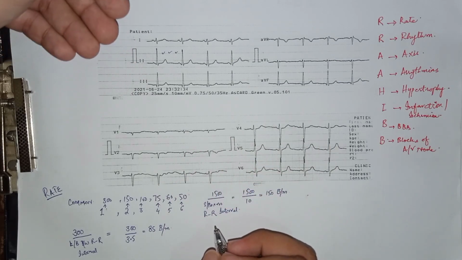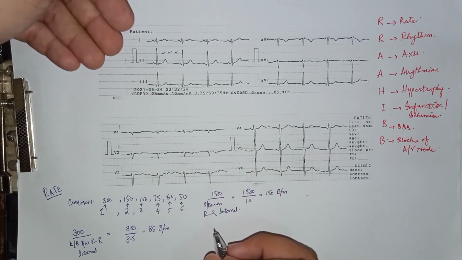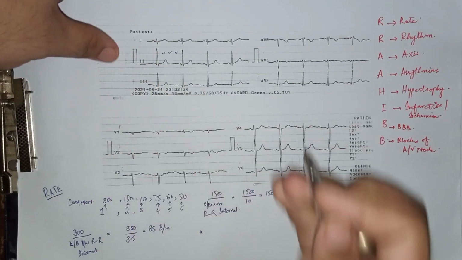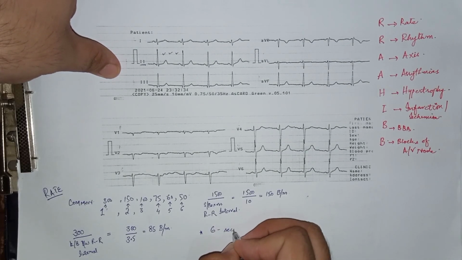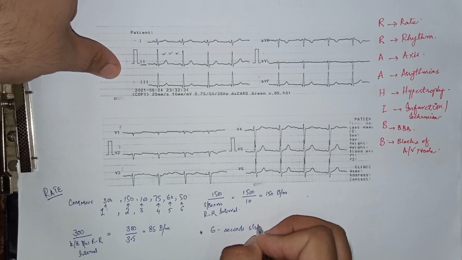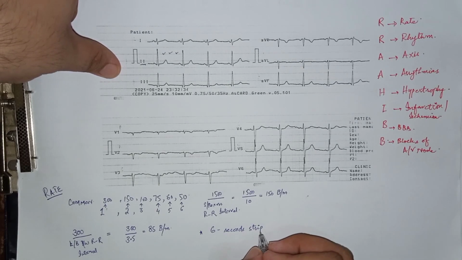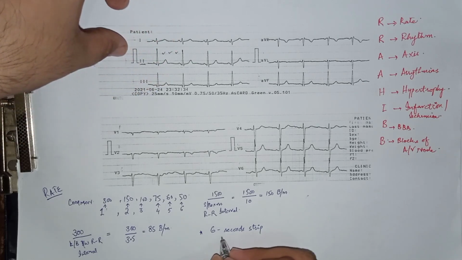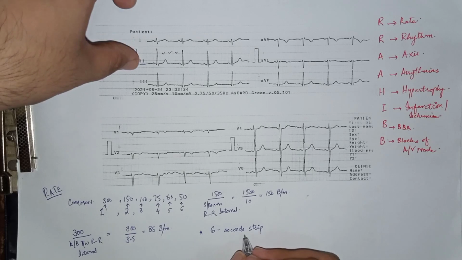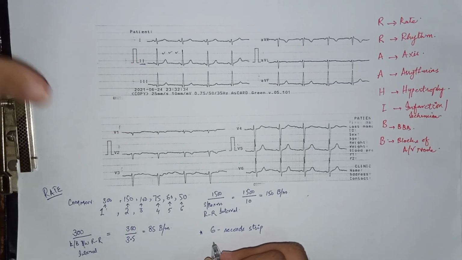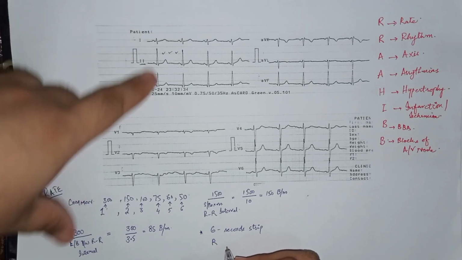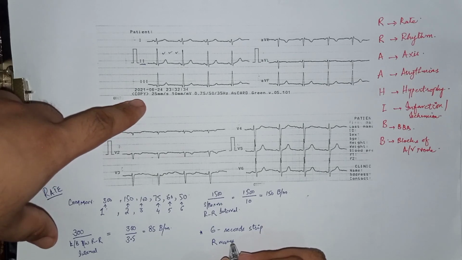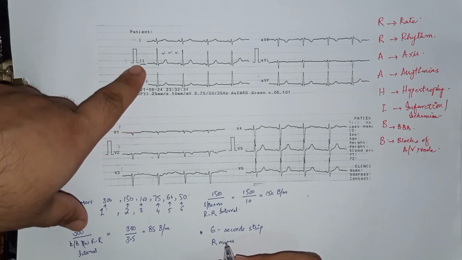But if the rhythm is irregular or not normal in the ECG, then the doctor asks for a long strip of lead 2. This is called the 6-second strip method for heart rate calculation. The doctor orders an ECG of 30 large boxes, which is equal to 6 seconds. In this method, calculate the number of R waves in the 6 seconds, that is in the 30 large boxes of lead 2.